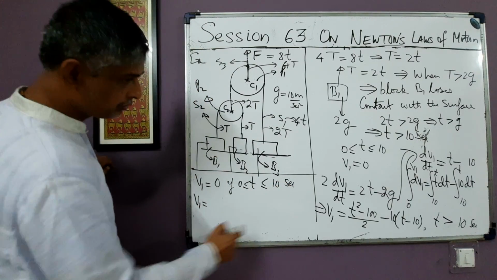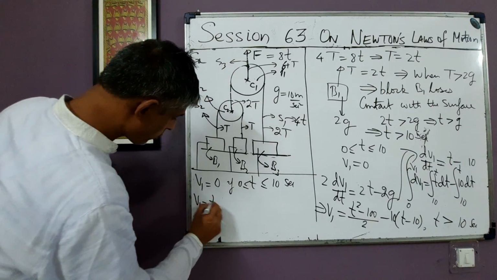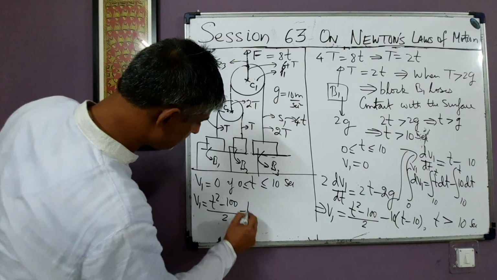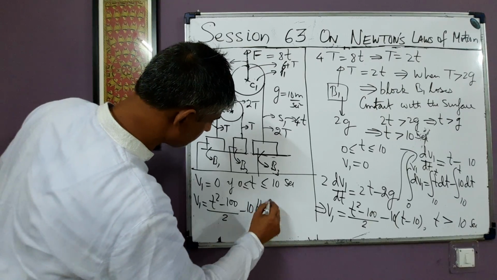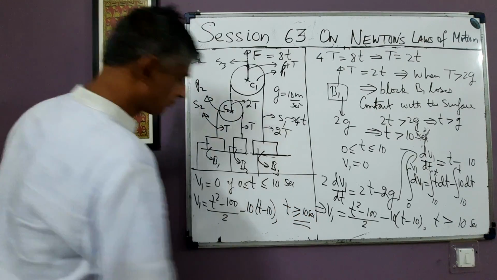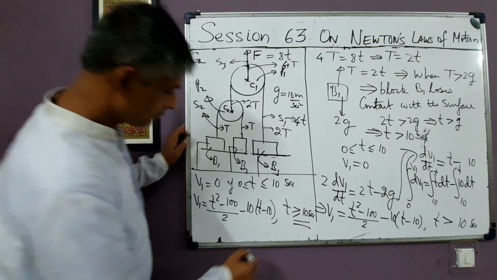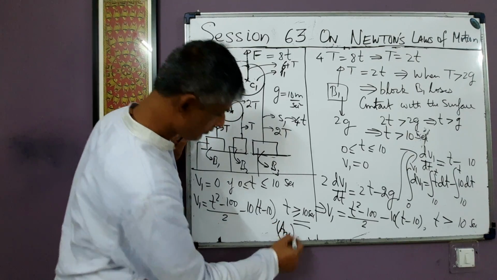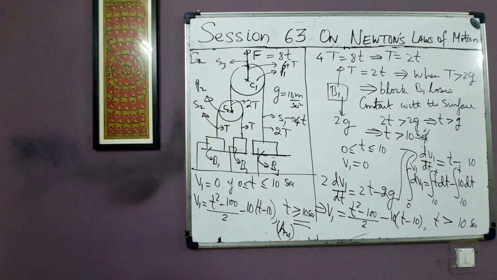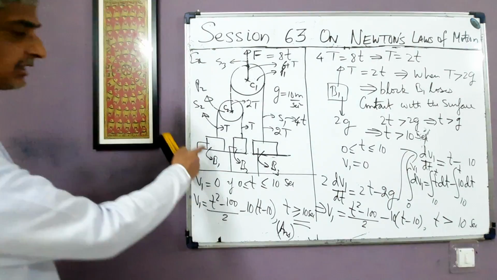And v1 is equal to t square minus 100 by 2 minus 10 times t minus 10 if t exceeds 10 seconds. Okay, this is the first part of the answer. So one answer for B1 has been obtained.